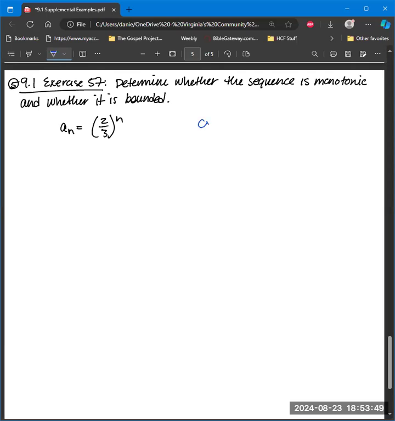Let's look at a sub n plus 1, which is equal to 2 thirds to the n plus 1, which is equal to 2 thirds of 2/3 to the n, which is 2/3 of a sub n.